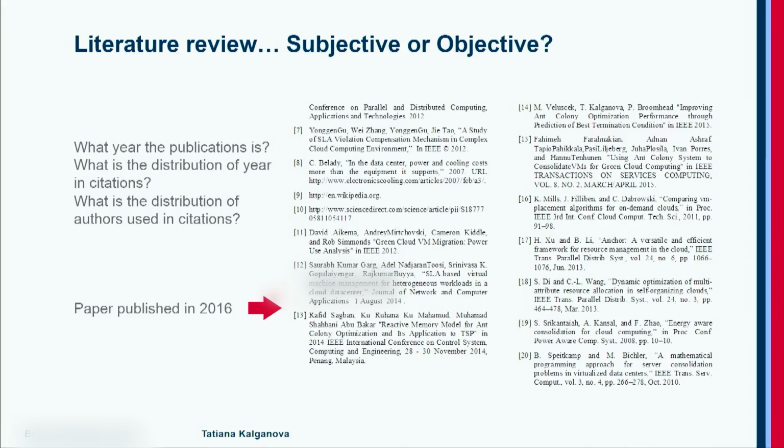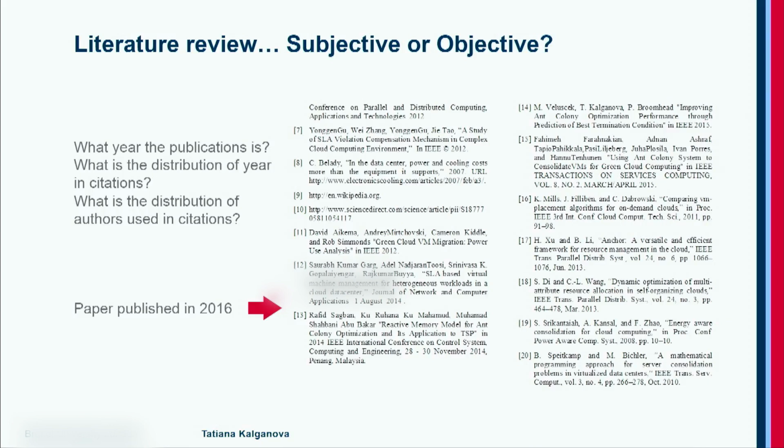Let's have a look at this particular case. A paper published in 2016. In this particular snippet, the publications are 2012, 2012, 2007, 2012, 2014, 2014, 2015, 2011, 2013, 2013, 2008, 2010.